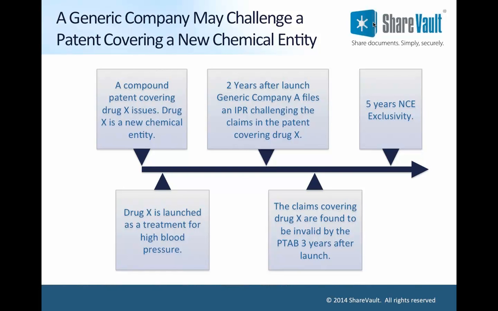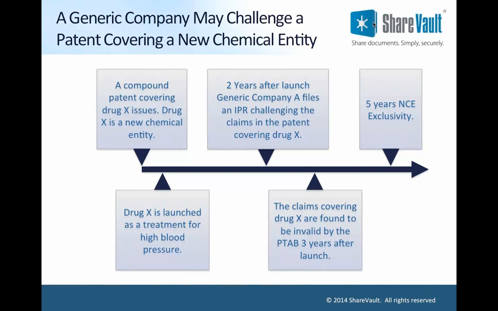But during that period, there's no reason why a generic company could not file an IPR which challenges the claims of the patent that covered drug X. And if they were to prevail, then that patent would be invalid. And in that case, the only thing that would protect the brand name company would be the 5 years of exclusivity. So I think this is something to keep in mind.